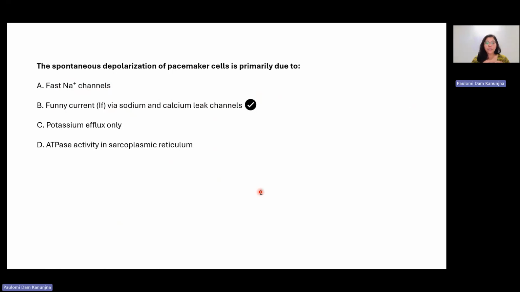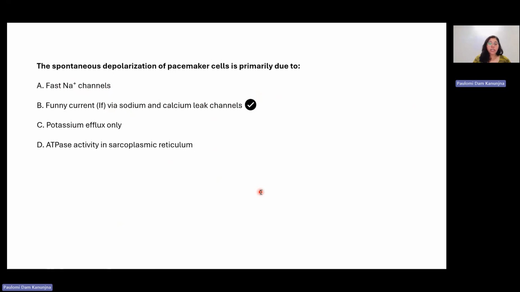Now, the other options given here include fast sodium channels. If there were fast sodium channels, they would basically inactivate the pacemaker cells, right? So these are not present in the pacemaker cells because they would inactivate the sodium channels, and you don't want that.